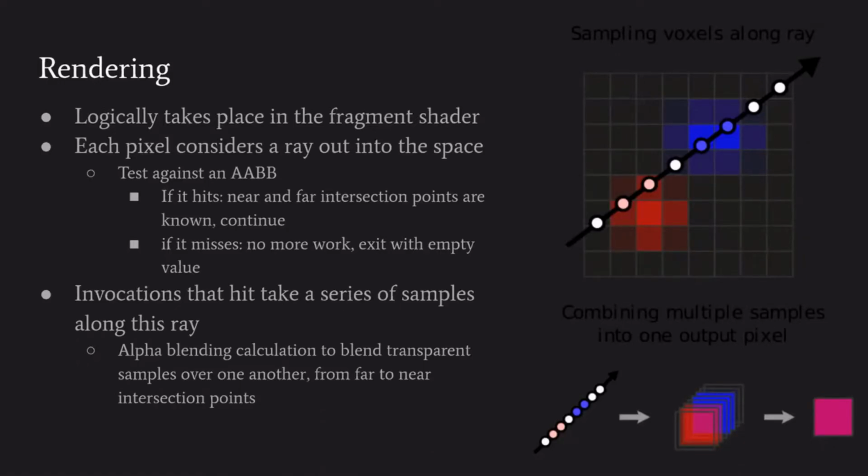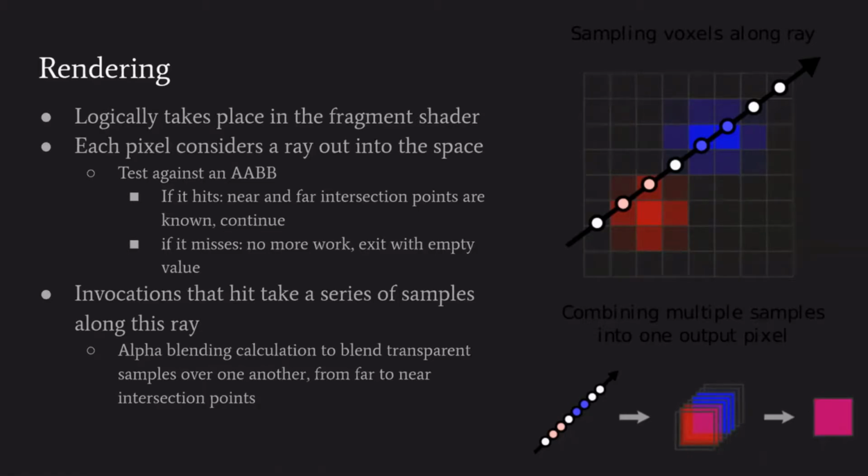If it hits, I know where the near and far intersection points are, and I can continue. If it misses, I know that there's nothing to be done. I didn't hit the volume, and I just use the OpenGL clear color. The rays that hit are going to look through that volume.